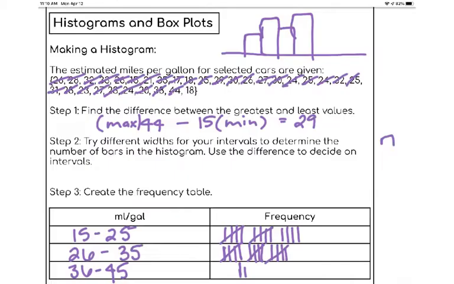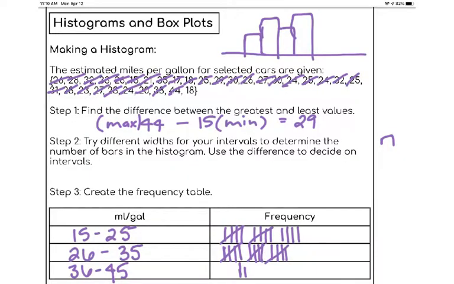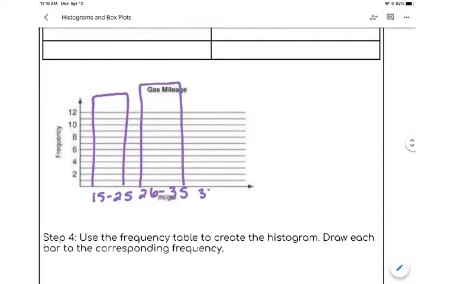Okay, so that's one bar. 26 to 35, we have 15. And then 36 to 45, we only have 2. Okay, so this is what our histogram for this set of data would look like.